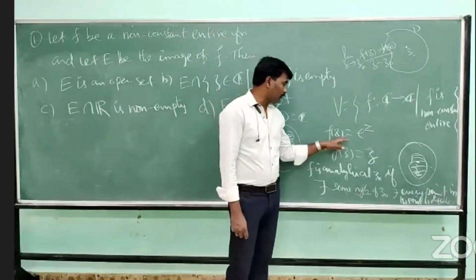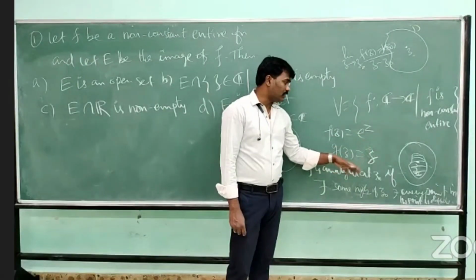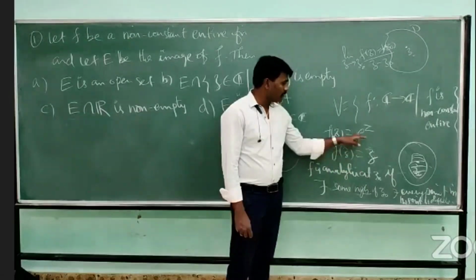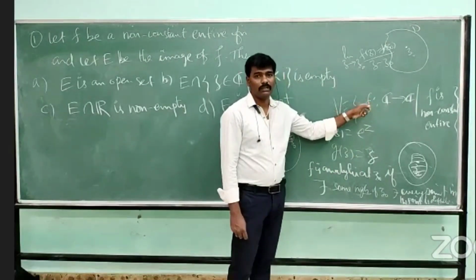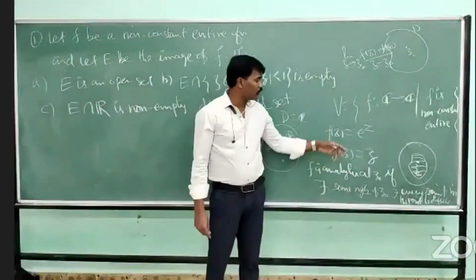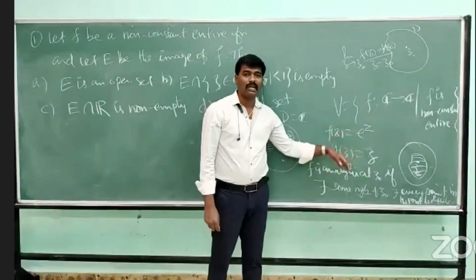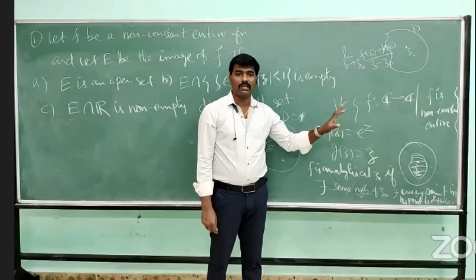So for example, F of Z equals e power Z and G of Z equals Z. A lot of functions are there. I am just giving examples for F of Z, G of Z. All those elements belong to V. So let F be a non-constant entire function, meaning F could be e power Z or Z, a polynomial, sin Z or cos Z, whatever non-constant analytic function.